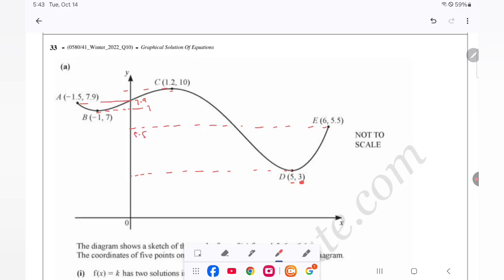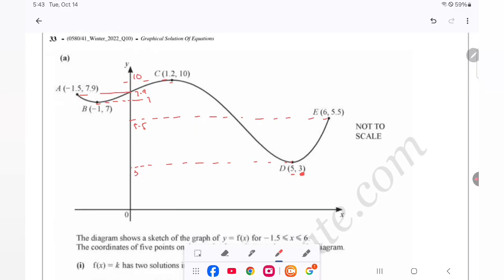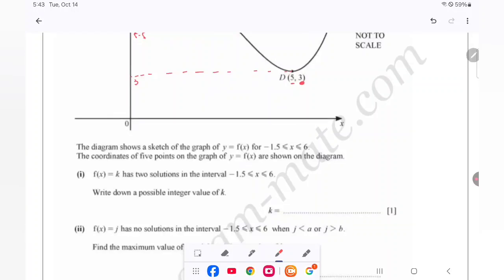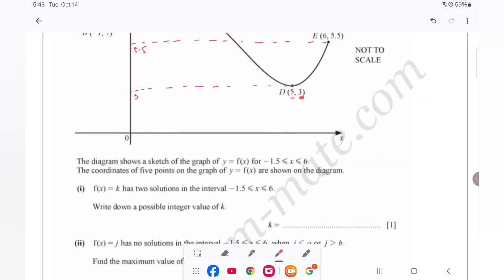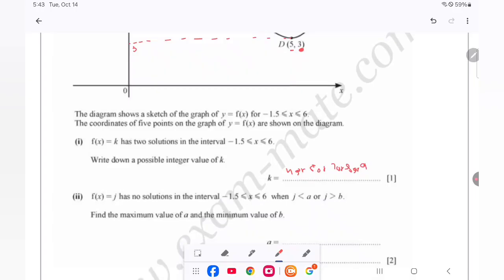This is the y value on the right hand side and this is our 10. So by looking at that question, the value can be 4 or 5 or 7 or 8 or 9. Any of these can be the value of k.